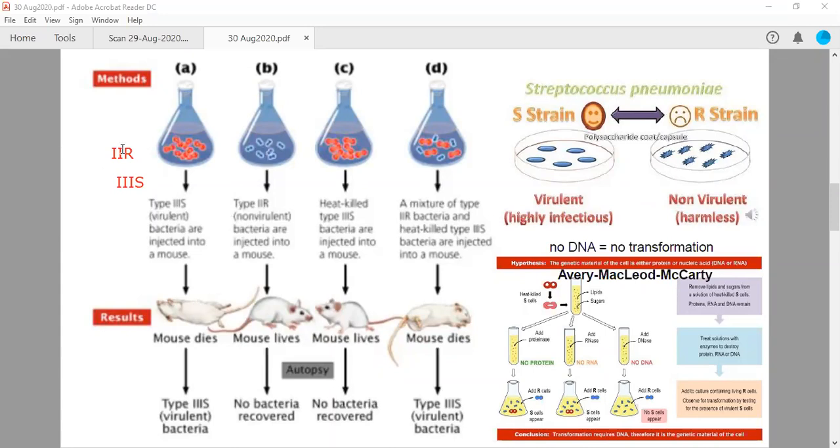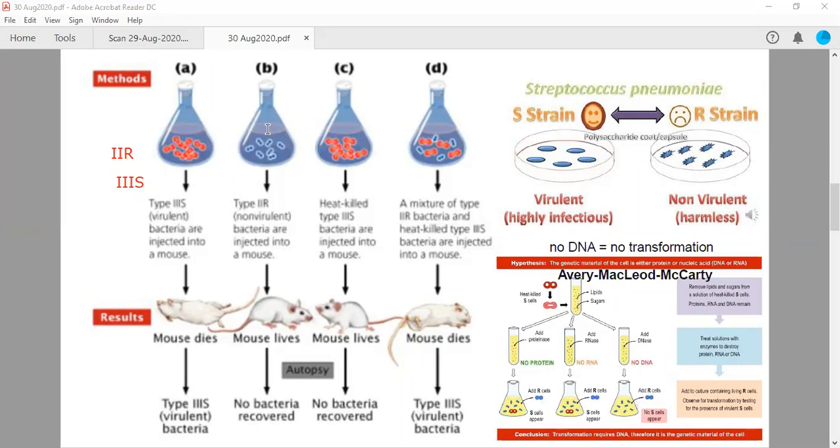Then type 2 R, which is rough, is non-virulent because it has a mutation in the gene encoding the capsule. Therefore they are not able to make the capsule and do not have the smooth appearance.